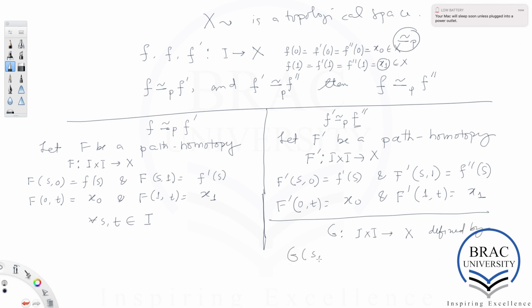G of s comma t is equal to F of s comma 2t, when t belongs to 0 to 1 half, and G of s, t is equal to F prime of s comma 2t minus 1 when t belongs to 1 half and 1, this closed interval.